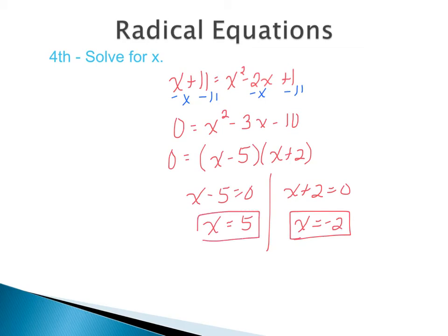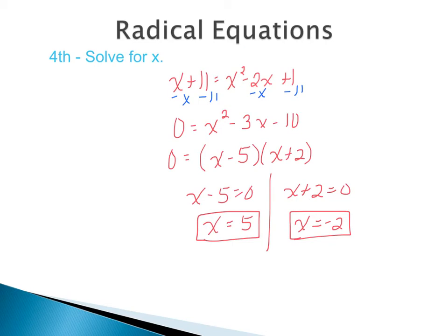Now, at this point, I got these potential solutions because we are not done. We now need to check our answers back in the original equation. When we're dealing with a square root, remember in that second step, we raised both sides to the power of 2. In doing that, we might have gotten a false solution, one that doesn't work in the original equation.